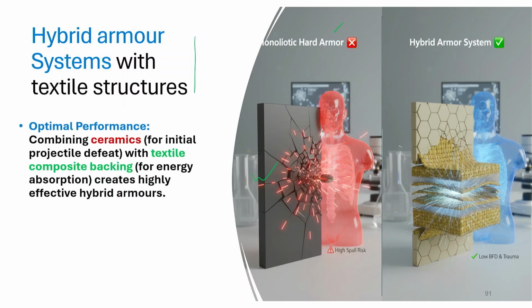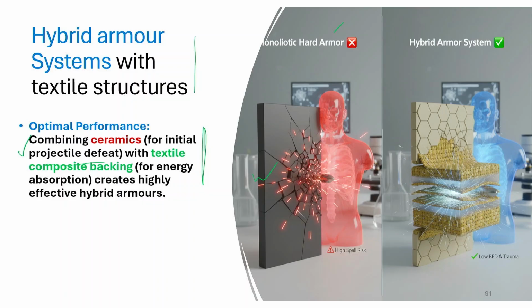So, for optimal performance we combine the ceramic for the initial projectile hit. We use ceramic at the outer layer for initial projectile defeat, it will restrict the initial impact, and then the textile composite backing will help in energy absorption. So, this total structure creates a highly effective hybrid armor.